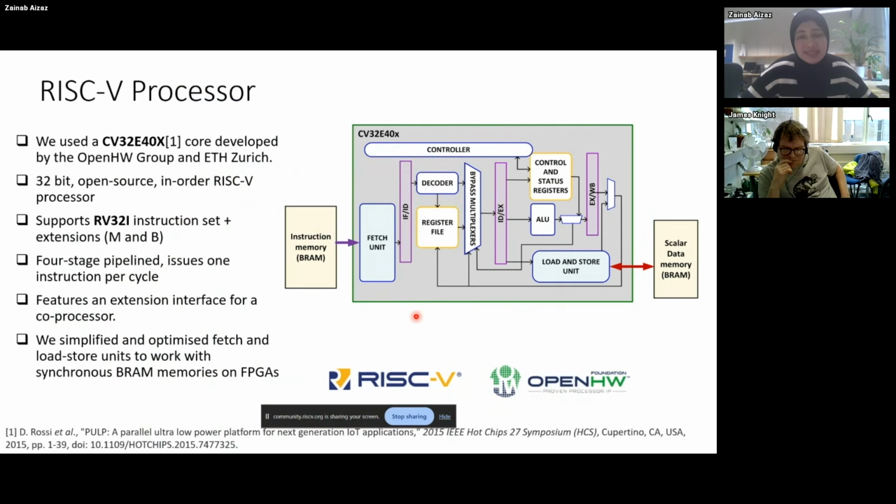Originally, this core was designed for ASIC, application-specific integrated circuits, so these memories were accessed using an OBI interface suitable for ASIC. But we wanted it optimized for FPGA, so we changed and optimized the fetch unit and load store unit to synchronize them with the modern BRAMs of FPGAs.